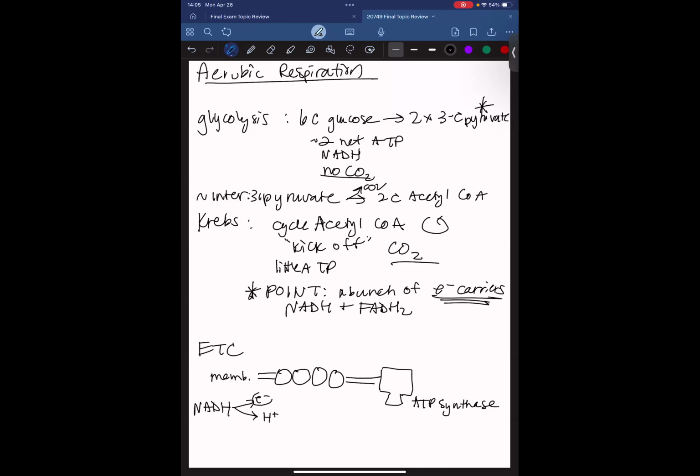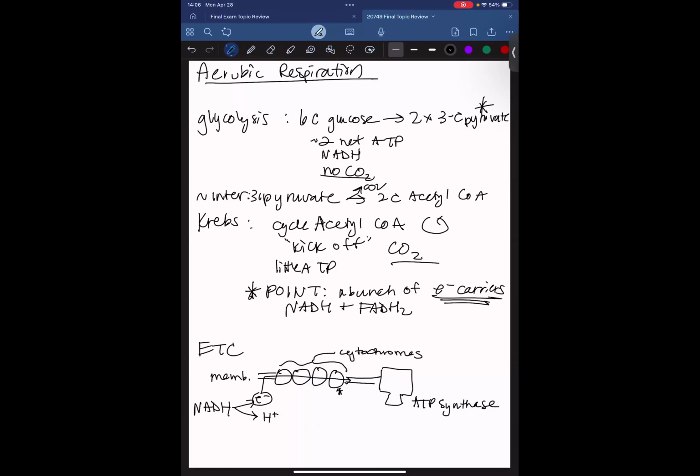The electron shuttles its little self through these proteins here. Anybody remember what these proteins are called? They're called cytochromes. Anybody remember where that sounds familiar from? Maybe the last lab on respiration with oxidase. Cytochrome C oxidase is the last one in the electron transport chain in aerobes. It will be this one right here.